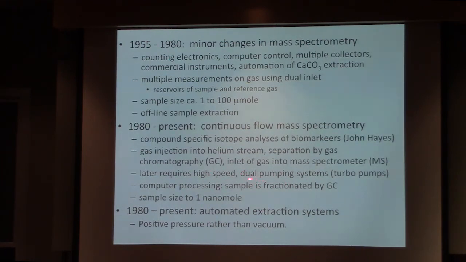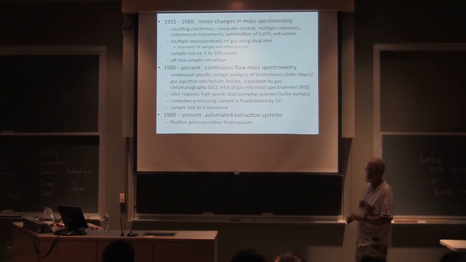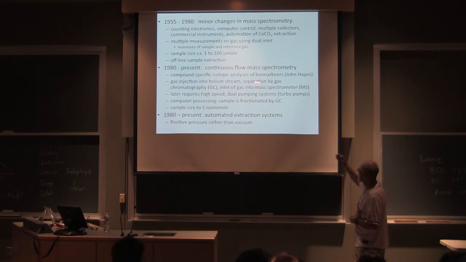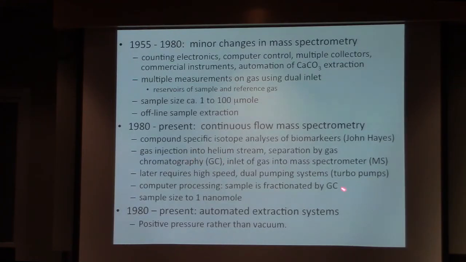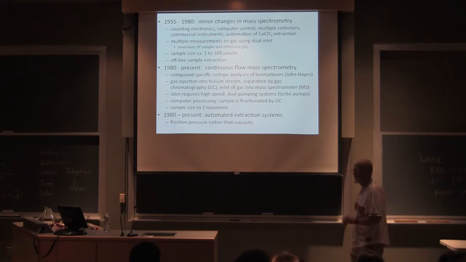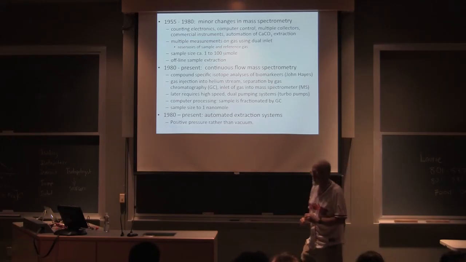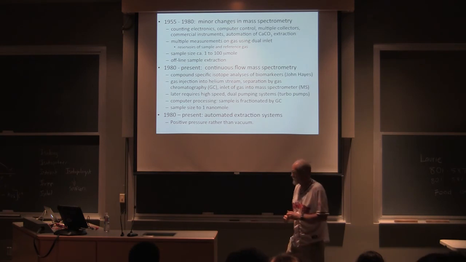The other problem is we need fast computer processing because we have this gas chromatography separation, and the sample is actually fractionated by the gas chromatography system. Kate Freeman will talk in detail about a whole bunch of these issues, but this is really what made the processing of lots of samples available.